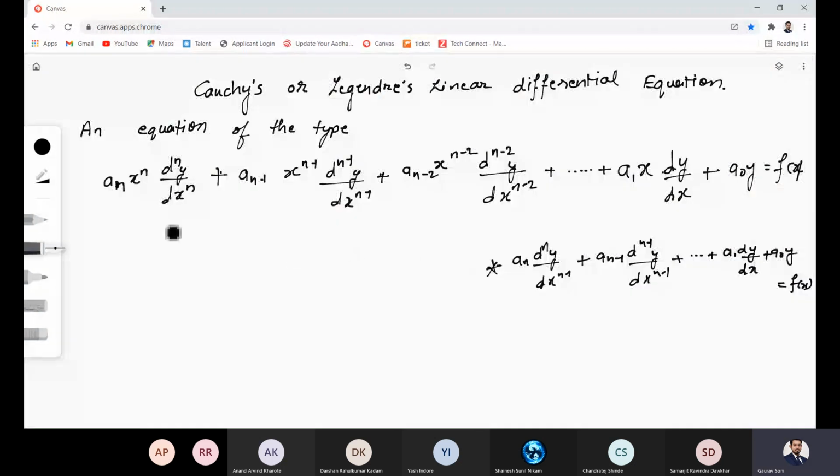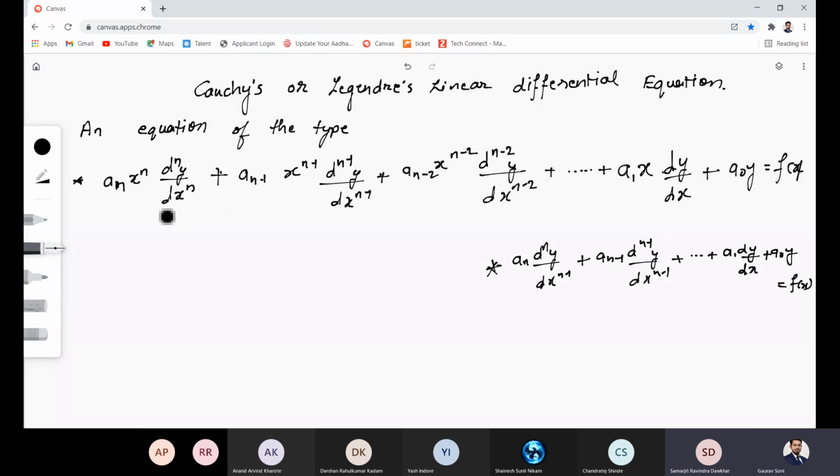If you compare these two differential equations, what is the difference in both of them? Can you spot the difference? Sir, in one there is no x raised to the power n.